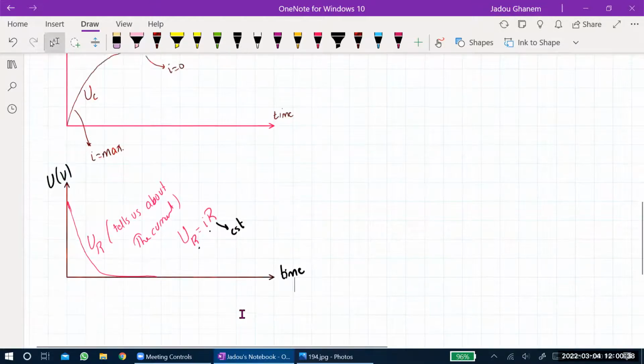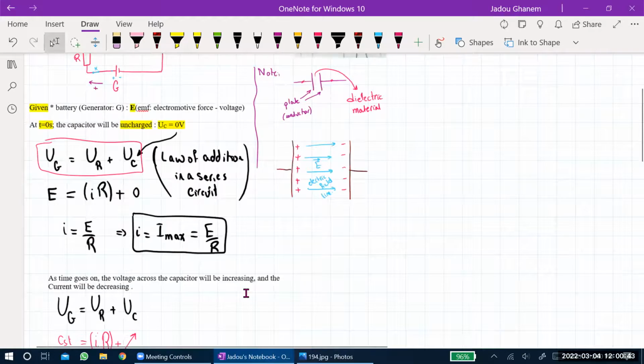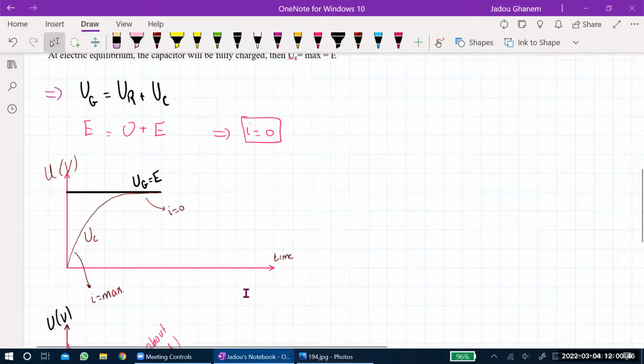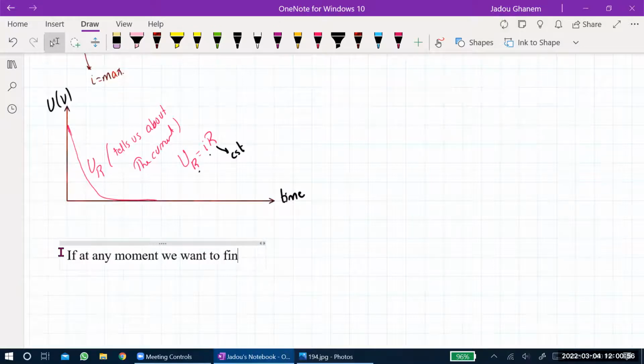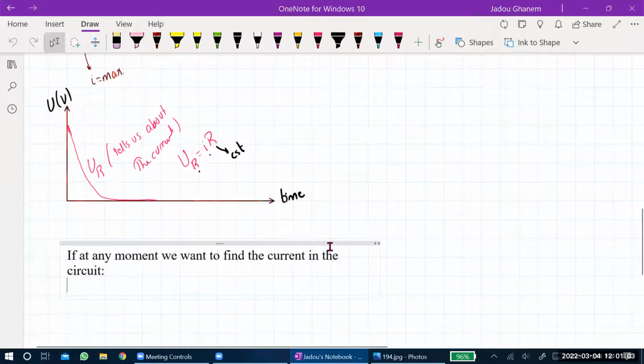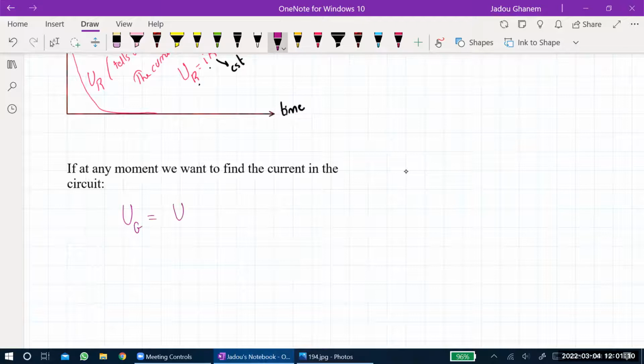In general, if at any moment we want to find the current in the circuit, then we can just write again the main formula, which is U generator equals U resistor plus U capacitor.